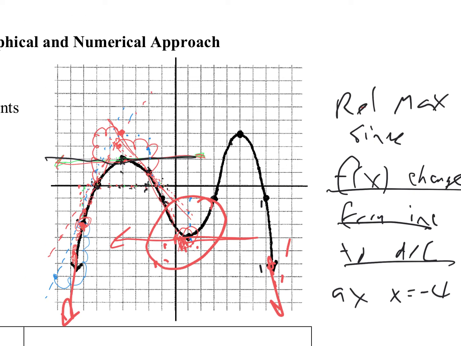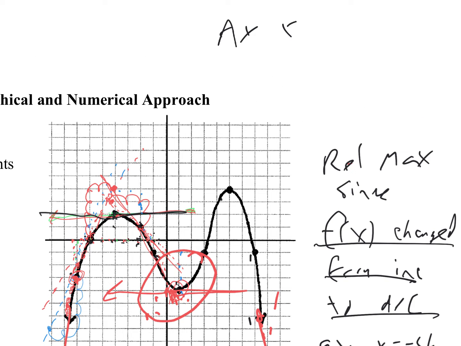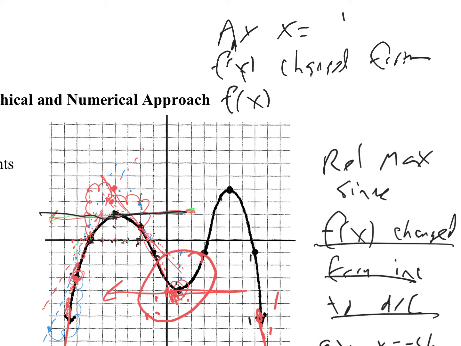What could I say over here at x equals 1? How do I know it's a minimum? At x equals 1, f of x changed from... I'll do it in different words. Instead of increasing to decreasing, I'll say f prime of x changed from less than 0 to greater than 0.